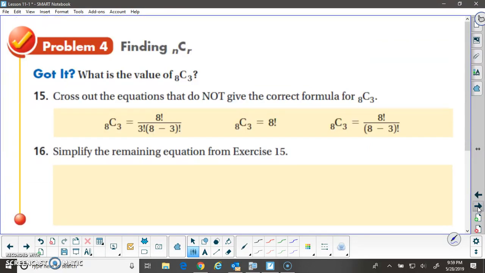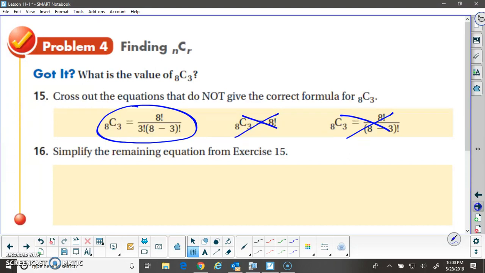Going on to problem number 4, it says, what is the value of 8 nCr 3? Well, you can see it worked out here in the middle, and it says which one does not give the correct formula. Well, the correct formula is not this, and it's not this. That's a permutation on the right. So this is the correct way of doing it.